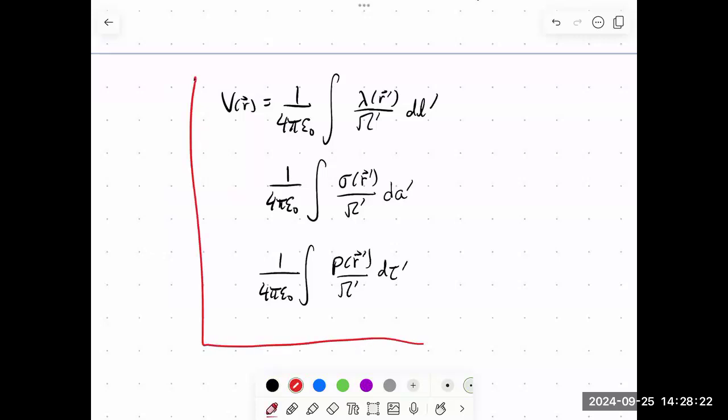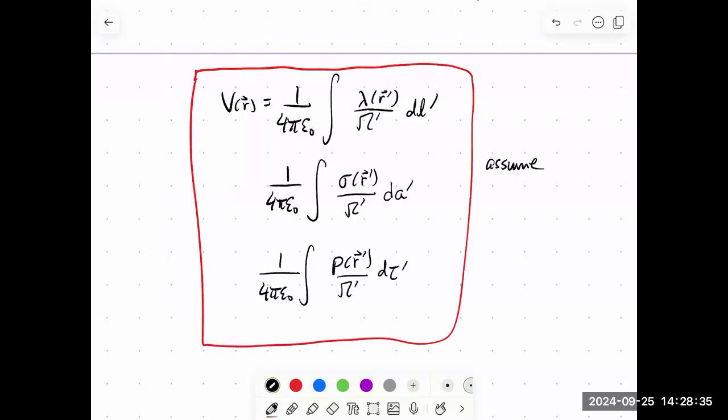We just have to keep in mind that all of these things, because they rely on the electric potential of a point charge, all of these expressions assume that V at infinity is 0.